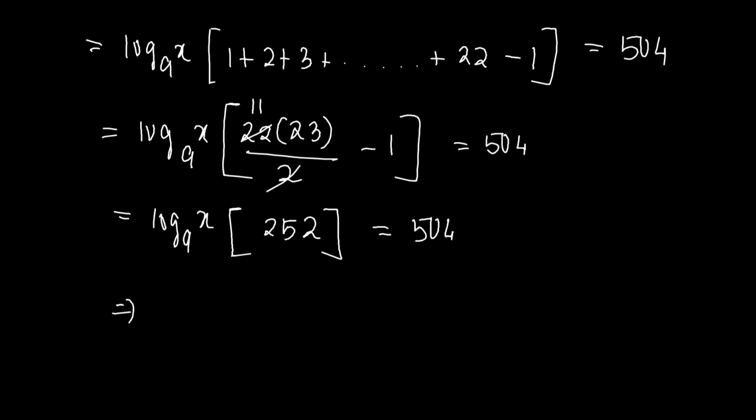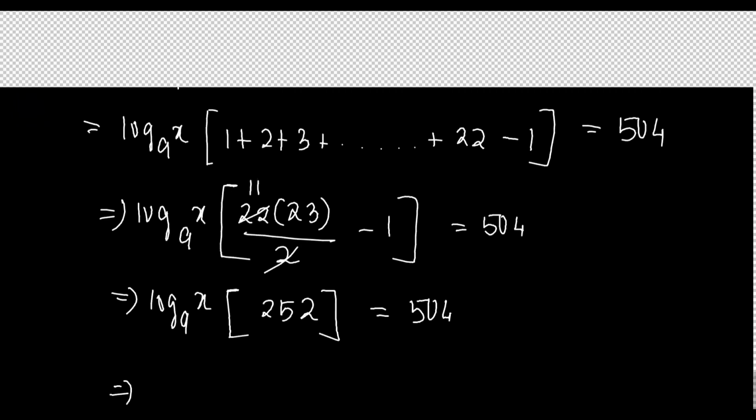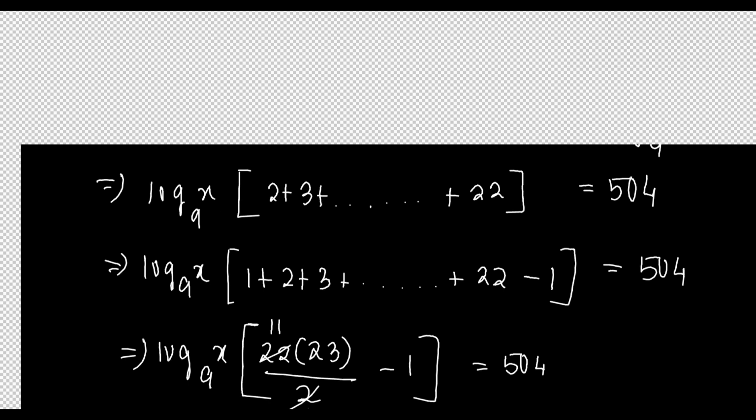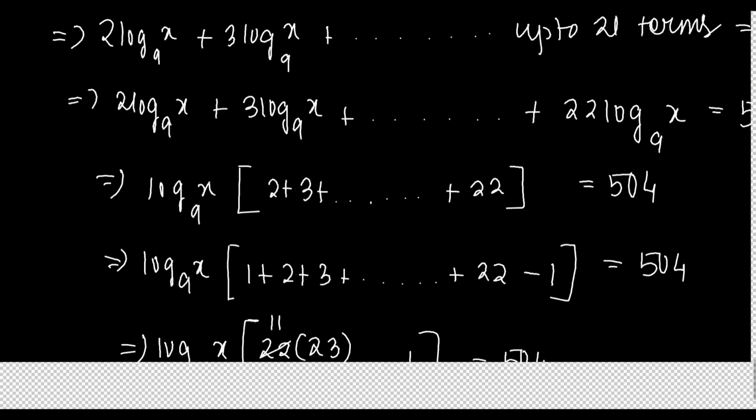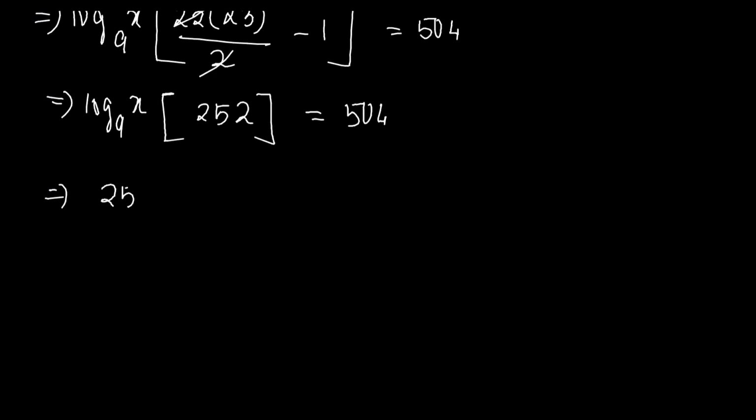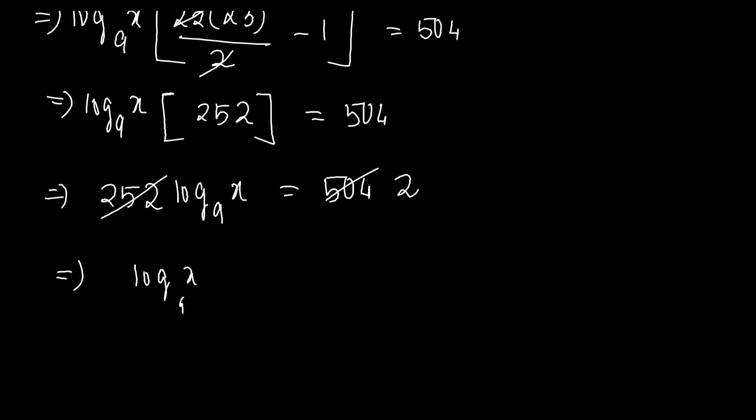Okay. So in the next step, we will write that 252 log x base 9 is equal to 504. Now we will divide 504 by 252, which is 2. So log of x base 9 is 2.